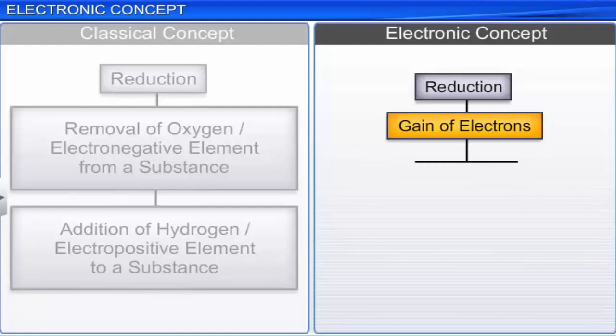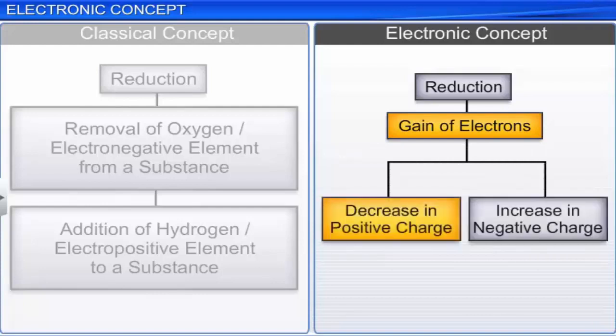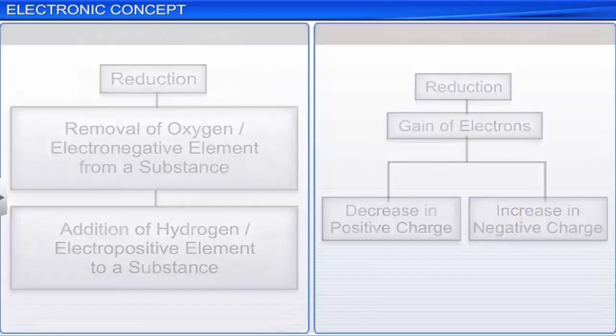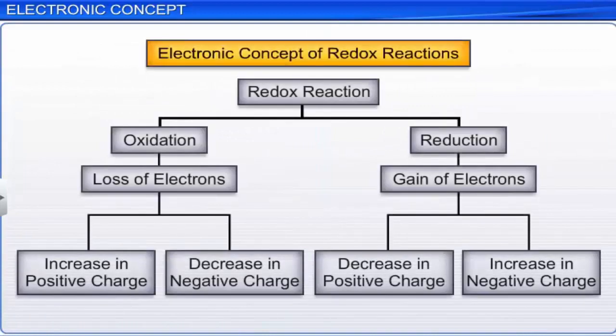The gain of electrons results in the decrease of positive charge or increase of negative charge of the species as we proceed from reactants to the products in a chemical reaction. Thus, according to electronic concept, a reaction in which loss of electrons, that is, oxidation, and gain of electrons, that is, reduction, takes place simultaneously, is called redox reaction.